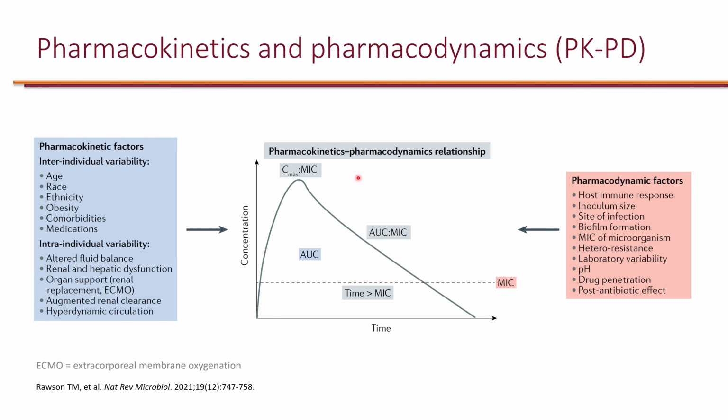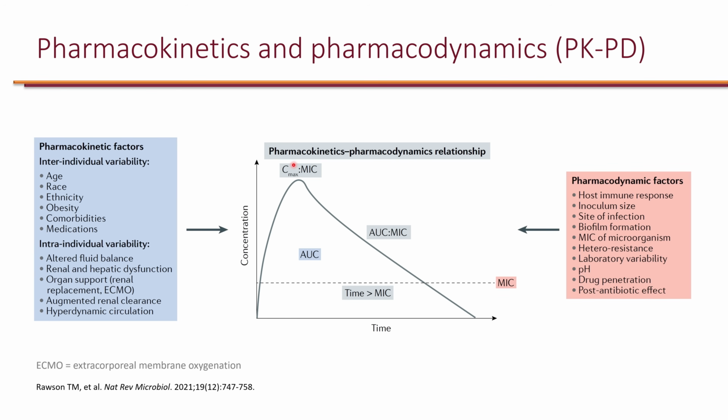And there are some PK/PD parameters, such as the ratio of maximum concentration to MIC, or the ratio of area under the concentration curve to MIC, or the time that the concentration is above the MIC. We'll talk about those in a future lecture, on when to use each of those and what they mean. But these are essentially the PK/PD parameters we use.